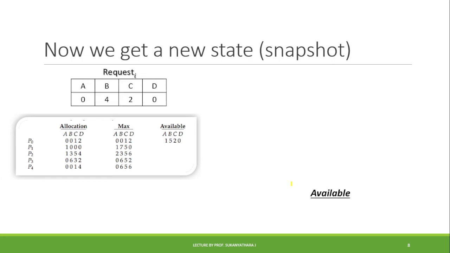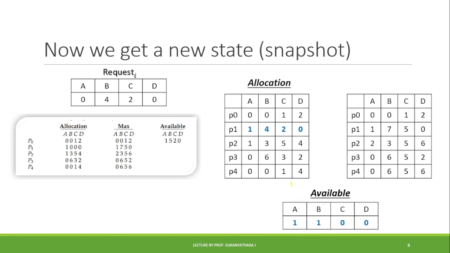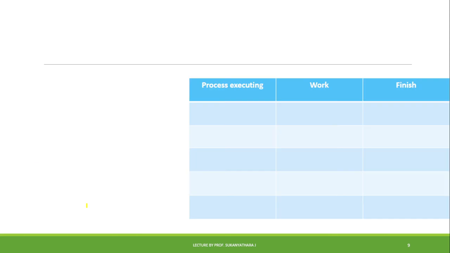So this is the resultant state. We have the allocation matrix, max matrix, request matrix, and available vector, request vector. Now we have the new snapshot and we are going to check whether this state is safe or not.